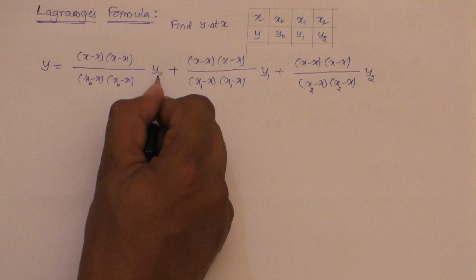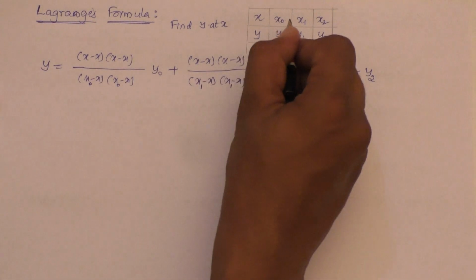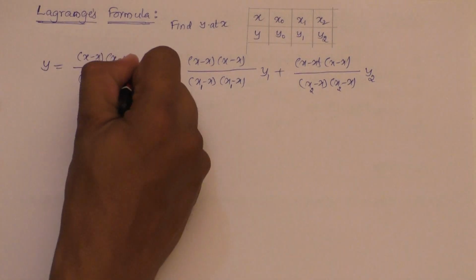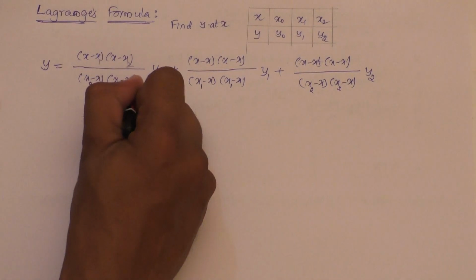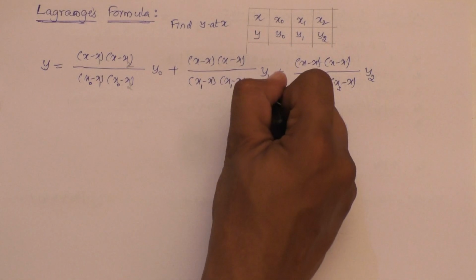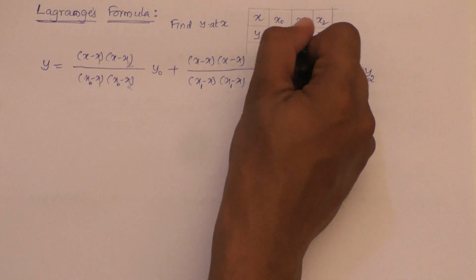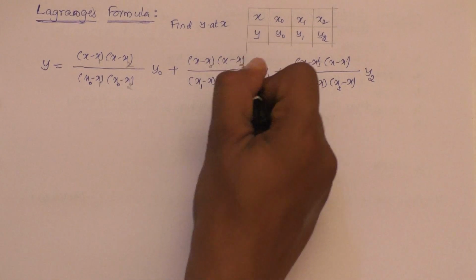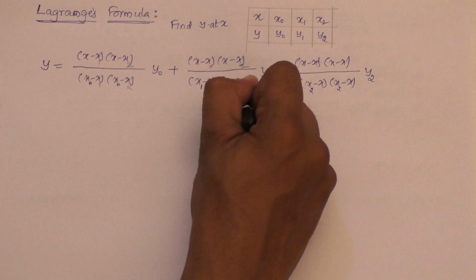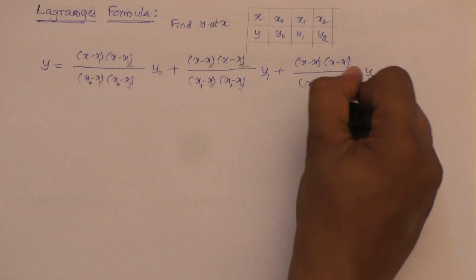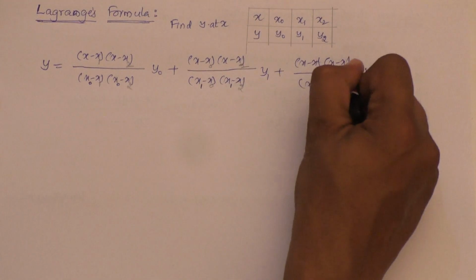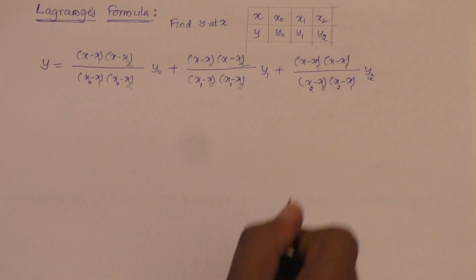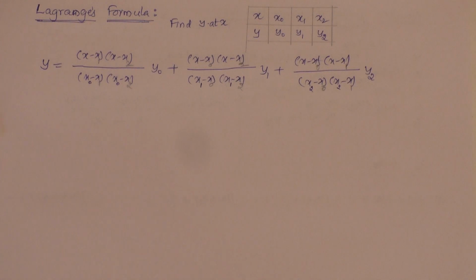If 0 is there, leave 0, remaining is 1 2, so 1 2 in the numerator, and 1 2 in the denominator. Here 1 is there, so leave 1: 0 2, 0 2. Here 2 is there, so leave 2: 0 1, 0 1. Like this we write Lagrange's formula.